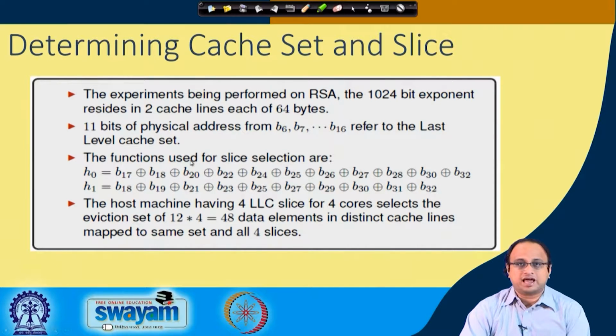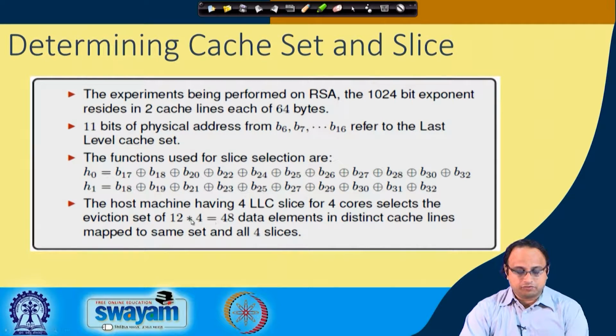The hash functions, which were reverse engineered in a prior work I mentioned in the last class, are shown by these two equations. They are simple linear equations that map the physical address bits to 2 bits, H0 and H1, through which you can index these 4 LLC cache slices.